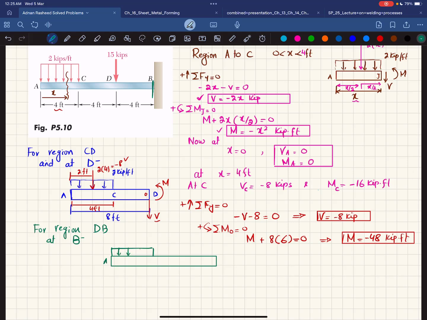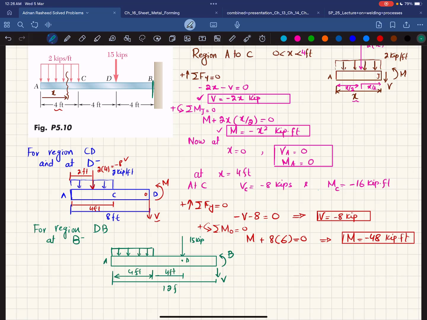Again the same thing. And this is your point D, where you have a point load of 15 kips. Clear? And at point D, when you cut it, you will be having a shear force V, and you will have a bending moment M. The total length of this beam is now 12 feet till point B. This is 12 feet. This distance is 4 feet, this is 4 feet, and this distance is also 4 feet.